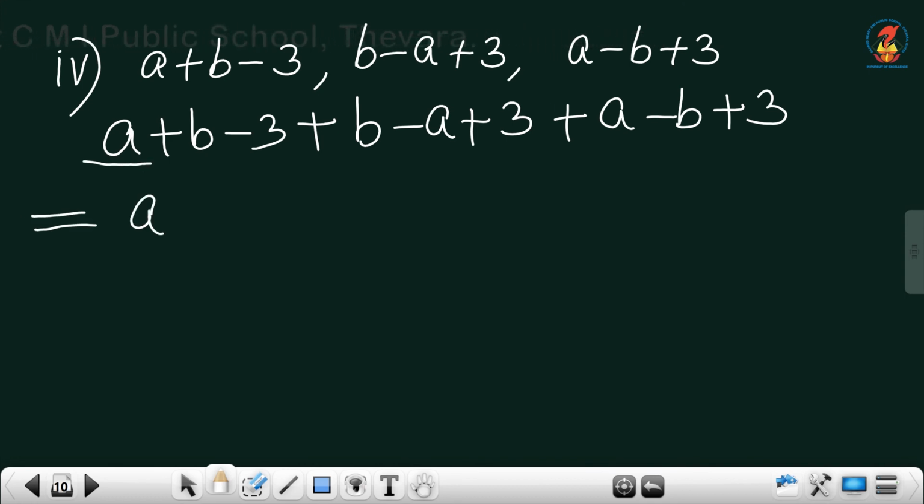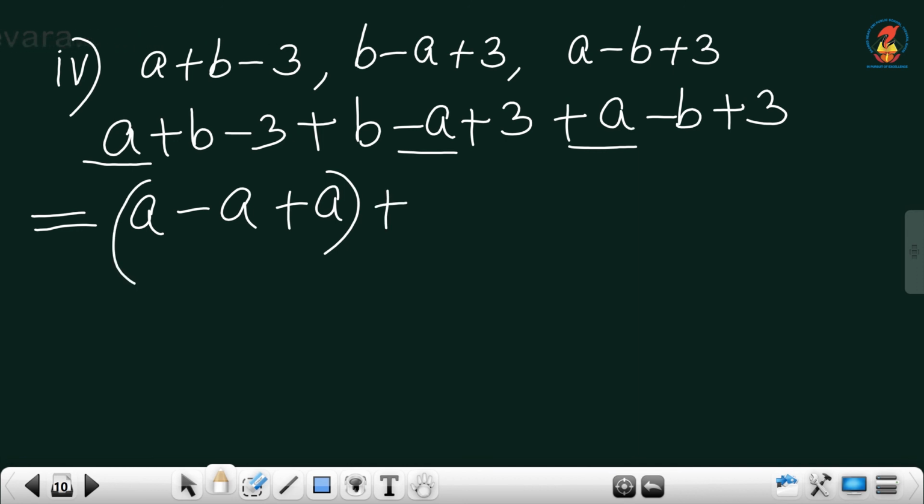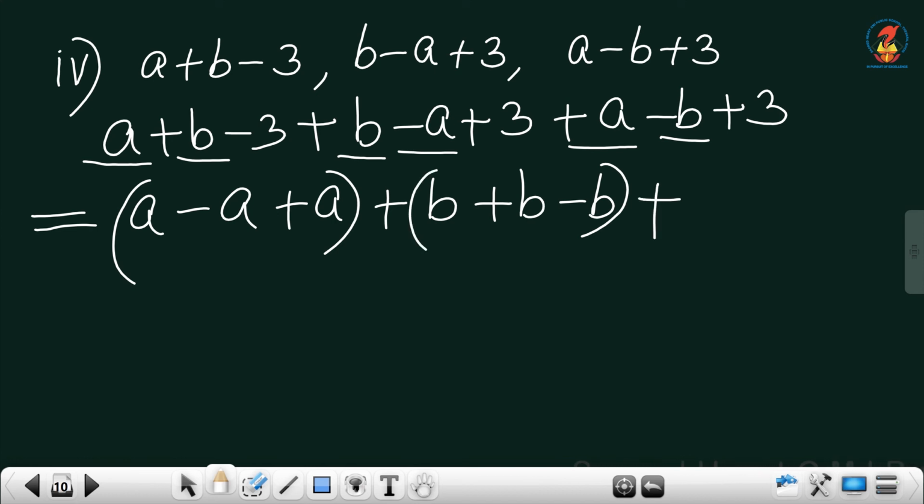A, here it is A, here is negative A, and here also plus A. So one group you got, plus this is B, and this is B. So other group of like terms, B plus B minus B. Plus next constants, negative 3, then plus 3, then plus 3. This is the other group of like terms.